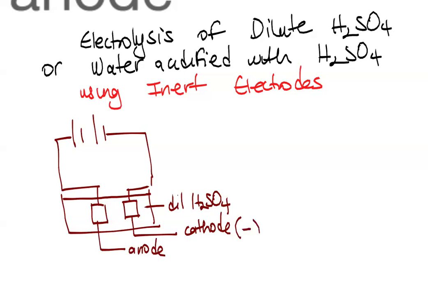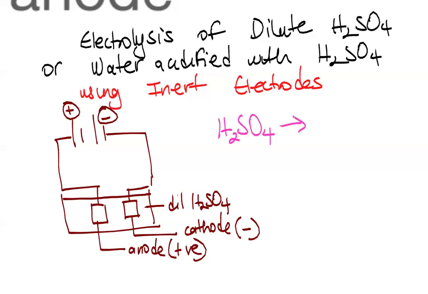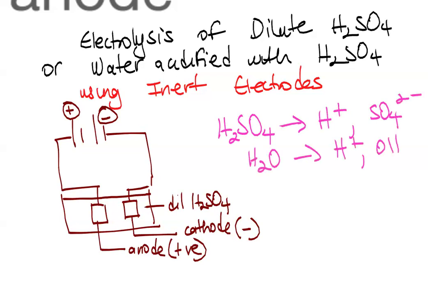Why? Because it's connected to the negative terminal of the battery. The anode positive, because it's connected to the positive terminal of the battery. Nice. So we have H2SO4. Let's see what ions are present in here. H plus and SO4 2 minus. And then from the water, we'll have H plus and OH minus.